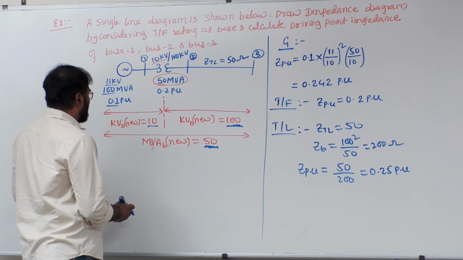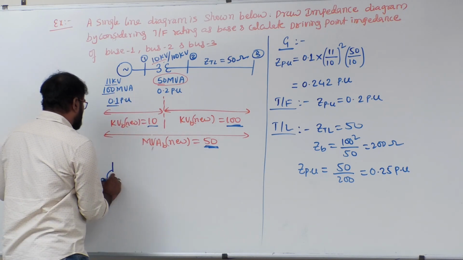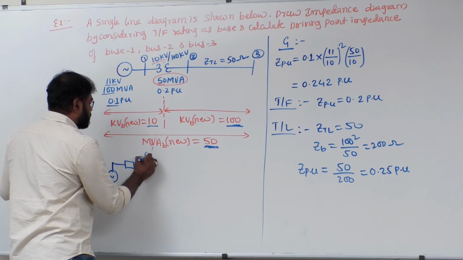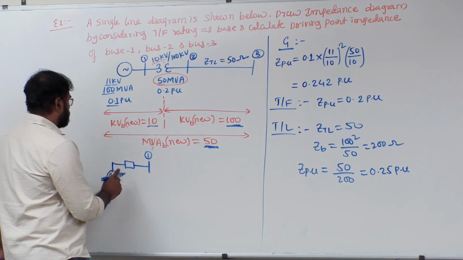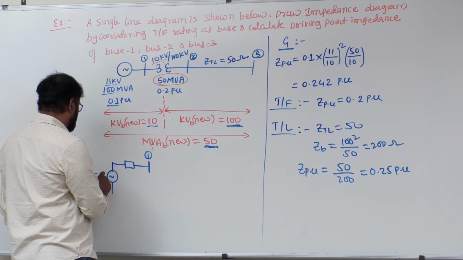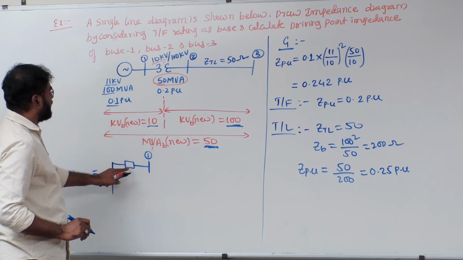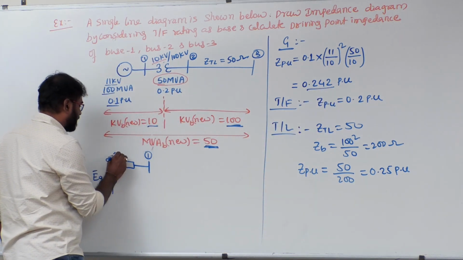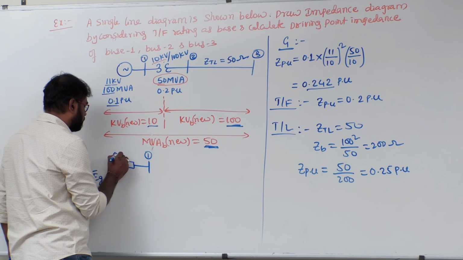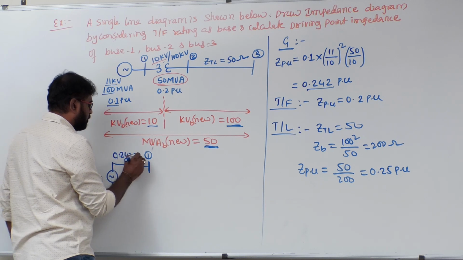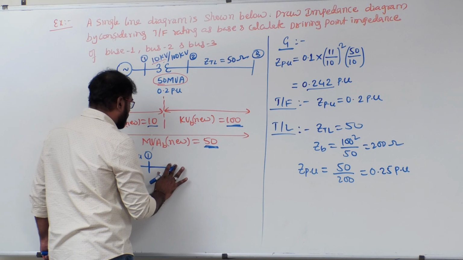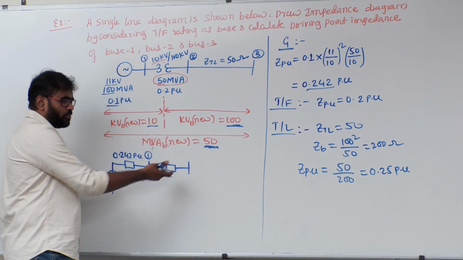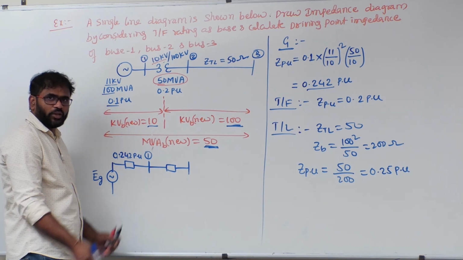How to draw the impedance diagram? Very simple. The generator means a voltage source in series with impedance. This is bus 1. The voltage source is EG. The generator's new impedance is 0.242 per unit, so I will write 0.242 here. Then between buses 1 and 2 we have a simple transformer, represented as a series impedance in per unit form.